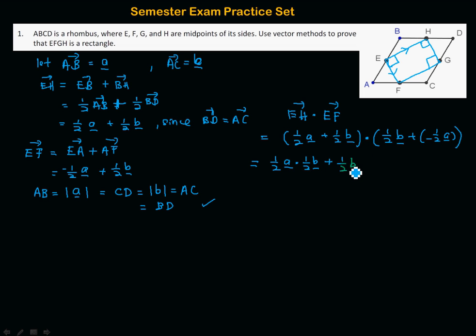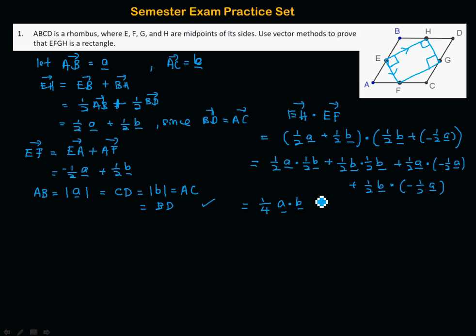but be careful, you have to use the dot between them, and you have now half a dot negative half of a here. And finally, I have half of b dot negative half of a. And so this is the same as 1 over 4 a dot b.